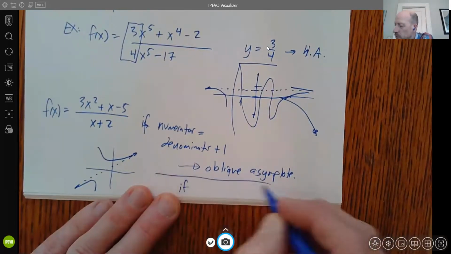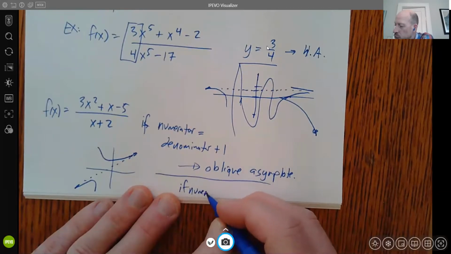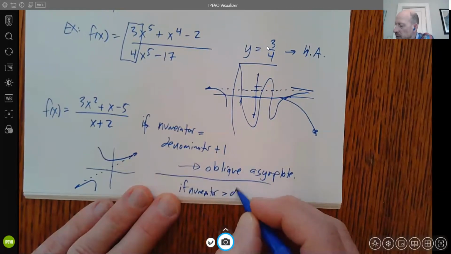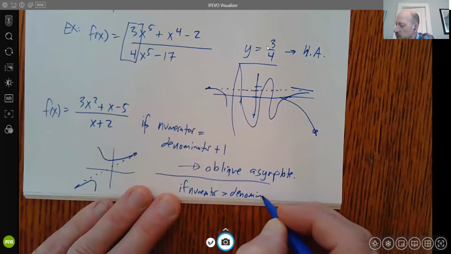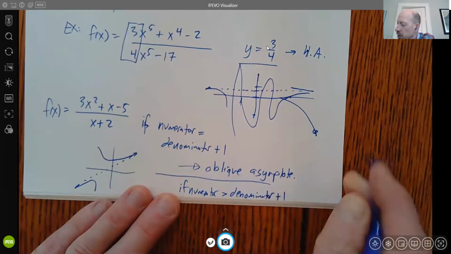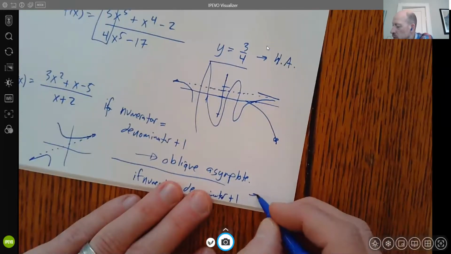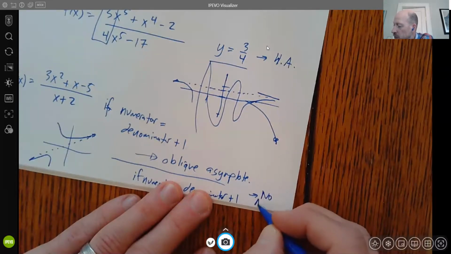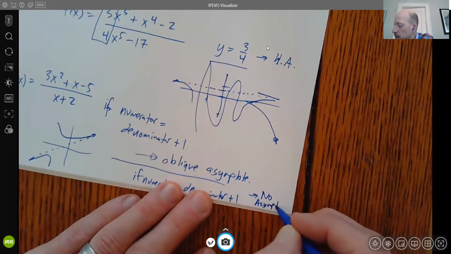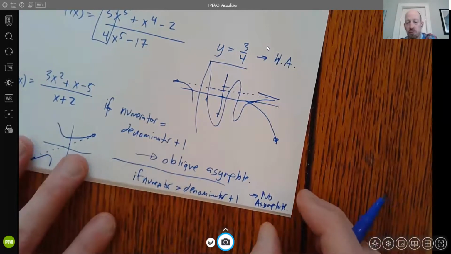If the numerator is bigger than the denominator plus 1, no asymptote. Ran out of room. No asymptote.